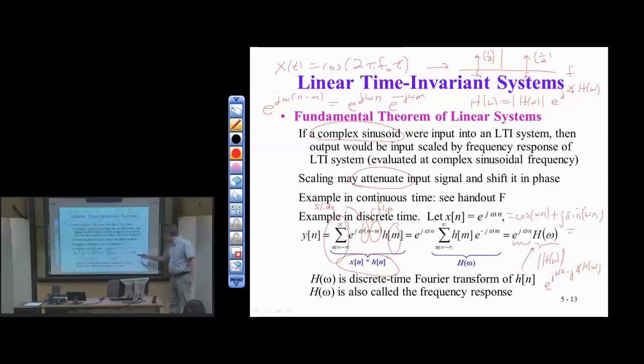So again, the output is scaled in magnitude by the magnitude response at that frequency, shifted in phase by the phase response of the LTI system. This is fundamental. This is what filtering is all about.